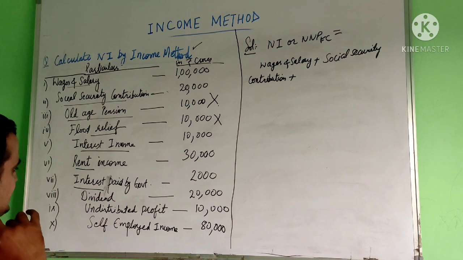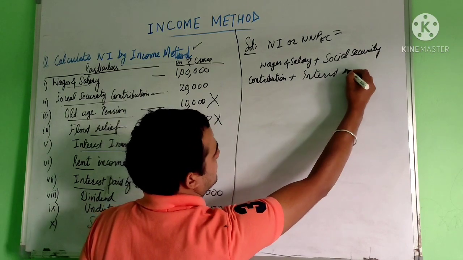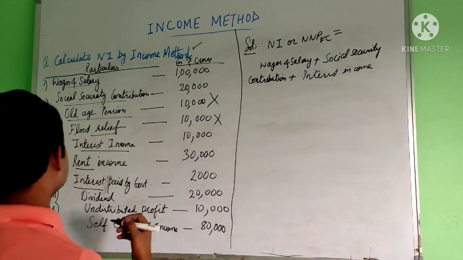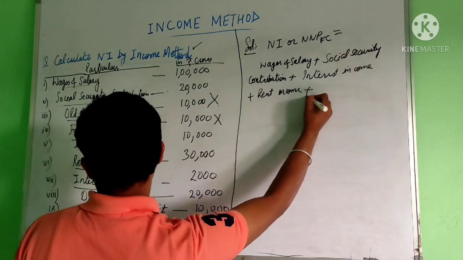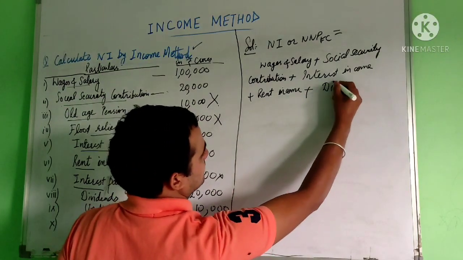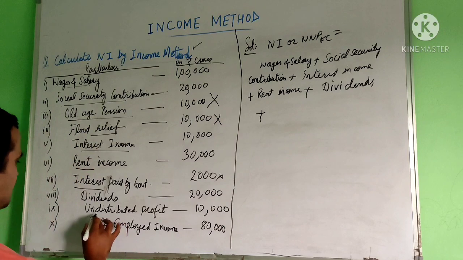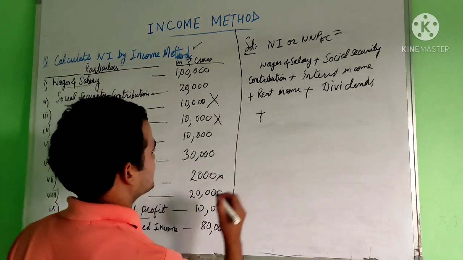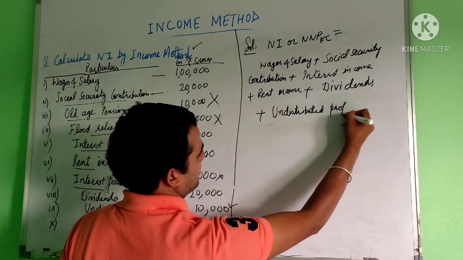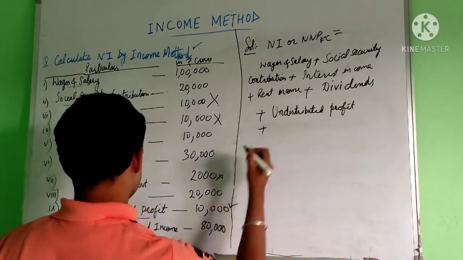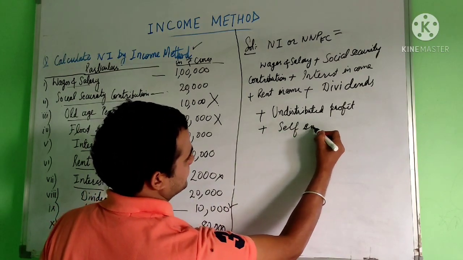All these things will be included, plus interest income, next is rent income, plus dividend, plus undistributed profit, which also comes in compensation of employees, plus self-employed income. We also include self-employed income.